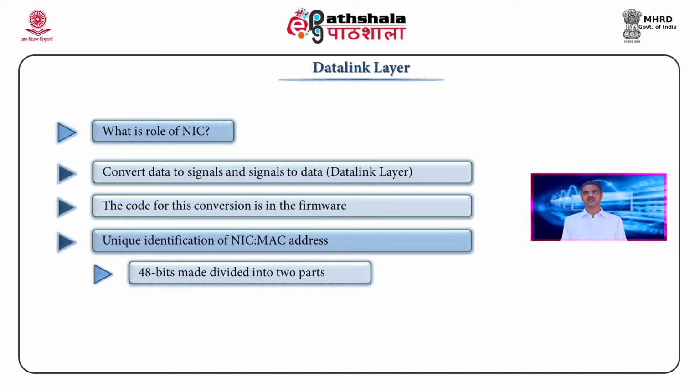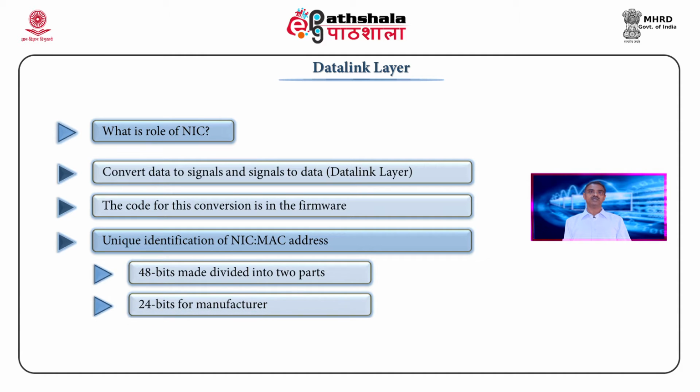Network interface cards are manufactured by many different manufacturers. So, the 48 bits of the MAC address have been divided into two parts. The first part is 24 bits, used for identifying the manufacturer.